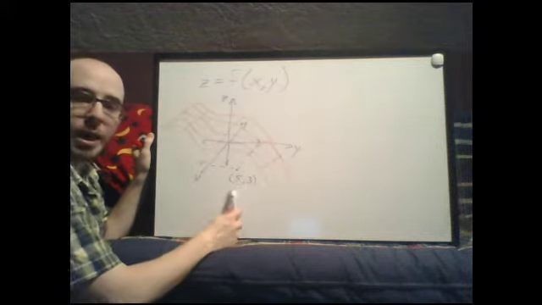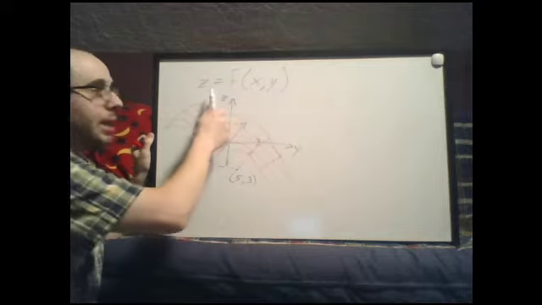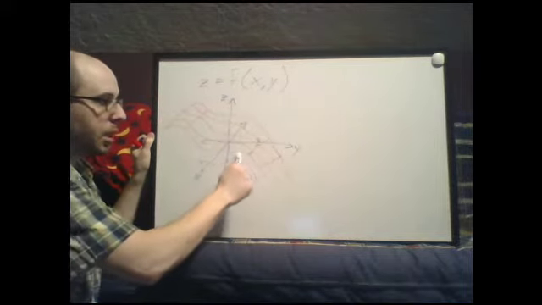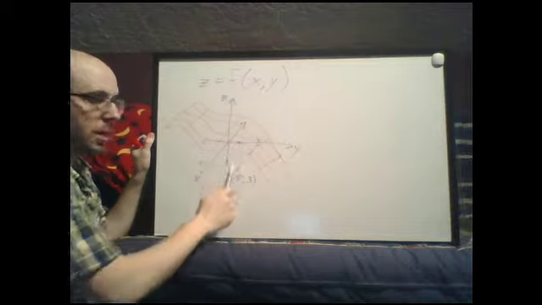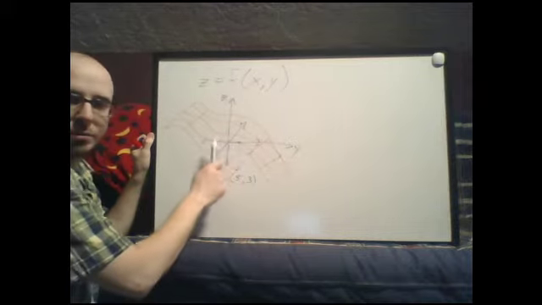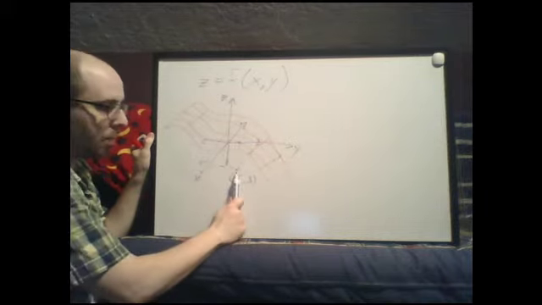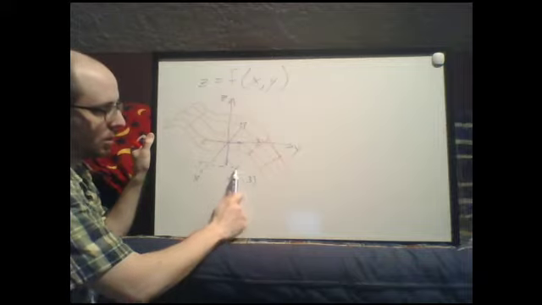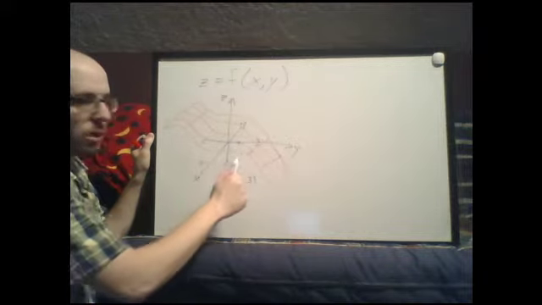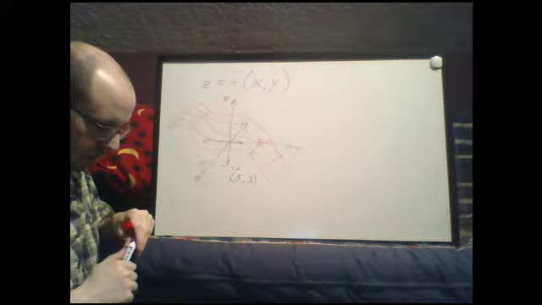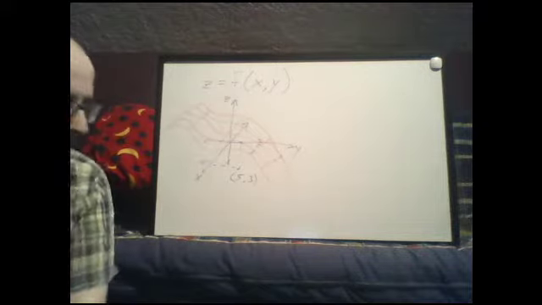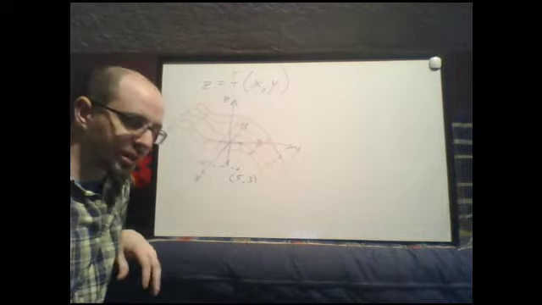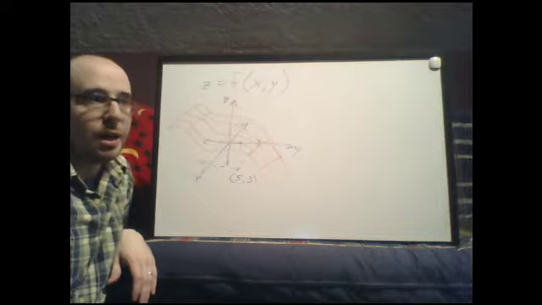Then I plug that x and y pair into my function, and it'll spit out a z coordinate that'll tell me the height of my surface above that point. So this distance here would be the z coordinate. Okay, so this is just to give you a sense of what the graphs would look like.